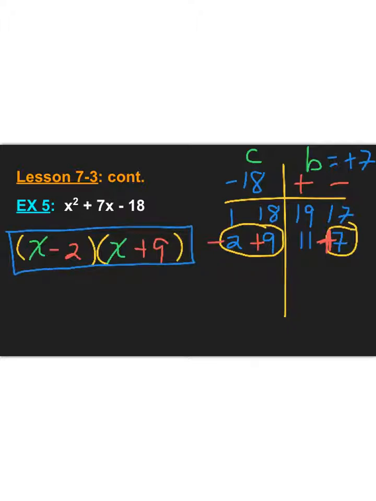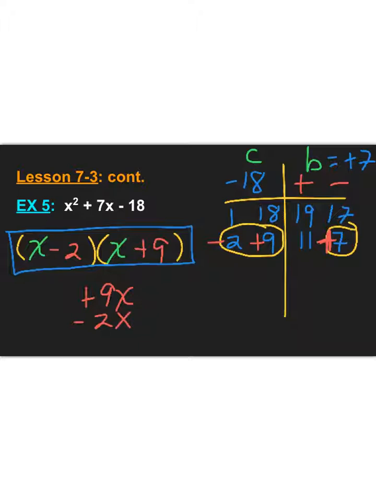And so again, I'm going to prove to you that this does work. So here's x times x. There's our x squared. Then x times +9 is going to give us a +9x. I'm going to write this one out for you. And then -2 times x is going to give us a -2x.